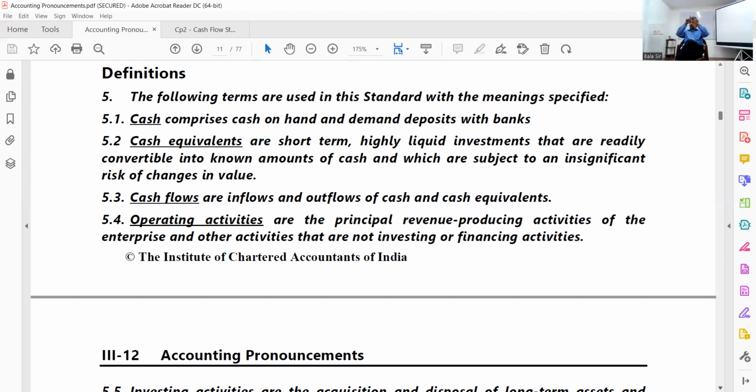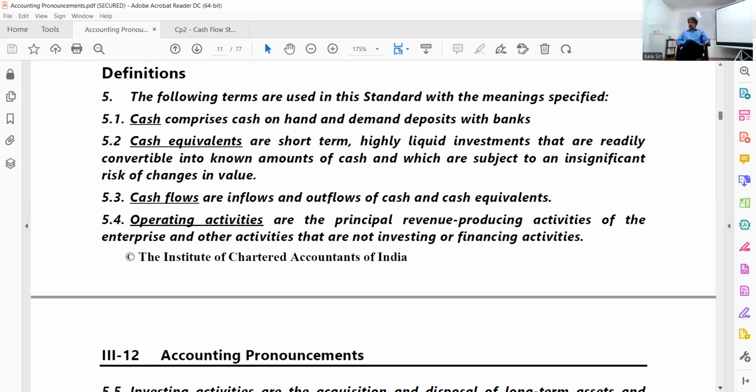And then make 3 branches from that. The 3 branches are operating activities, investing activities, and financing activities. 3 broad heads. Is that clear?